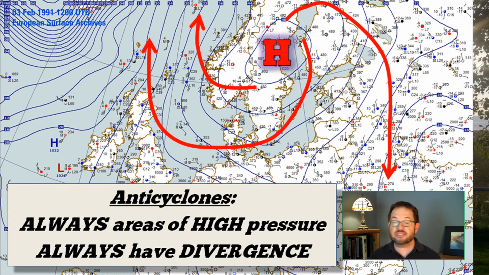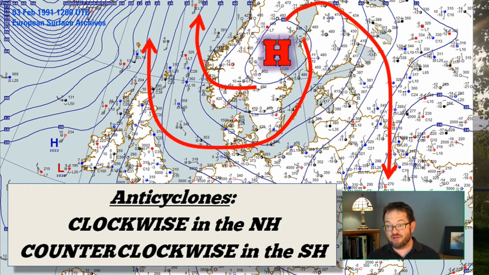Anticyclones are always areas of high pressure, and they always have divergence at the surface. Winds are spiraling out of them as winds cross isobars from higher pressure towards lower pressure. Anticyclones always have this rotation around them where the winds rotate clockwise in the northern hemisphere. It'll be counterclockwise in the southern hemisphere.